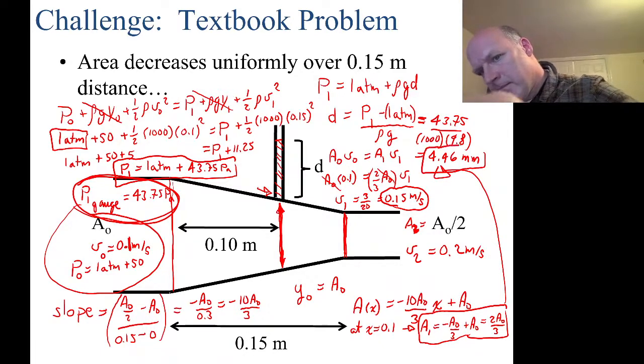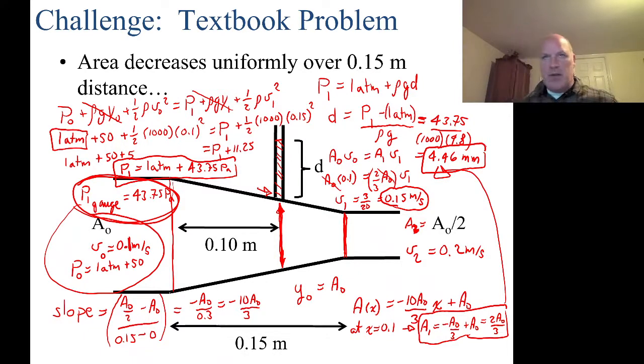That's the answer. That's how high the water goes. Look, that's the longest problem. That's the hardest problem, I think. Look at that page. Pretty complicated. I hope you followed.